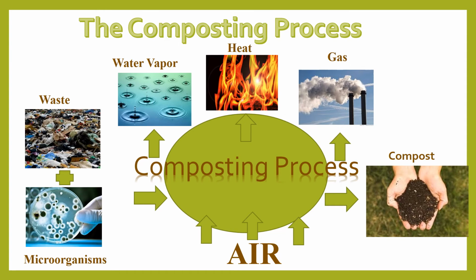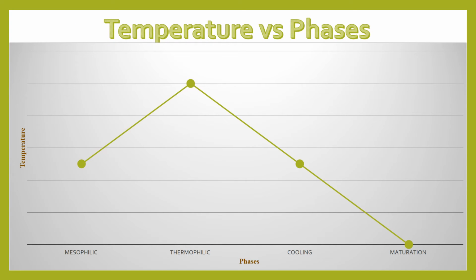Okay. Next we have the temperature versus phases. If we look to the left, we have the mesophilic phase, where decomposition happens at a moderate temperature, and everything is decomposed by mesophilic microorganisms, which is why it's the mesophilic phase.